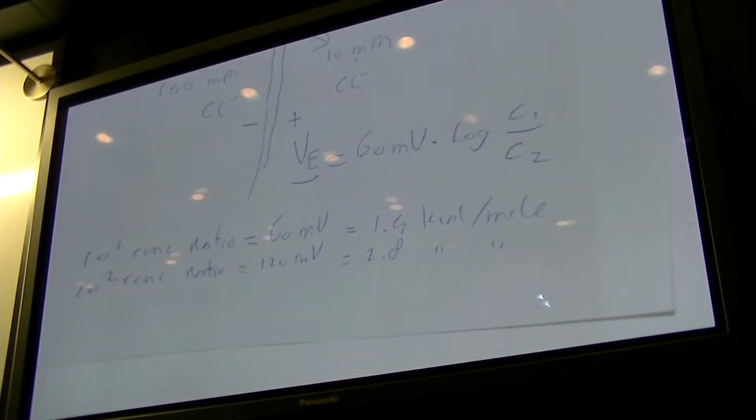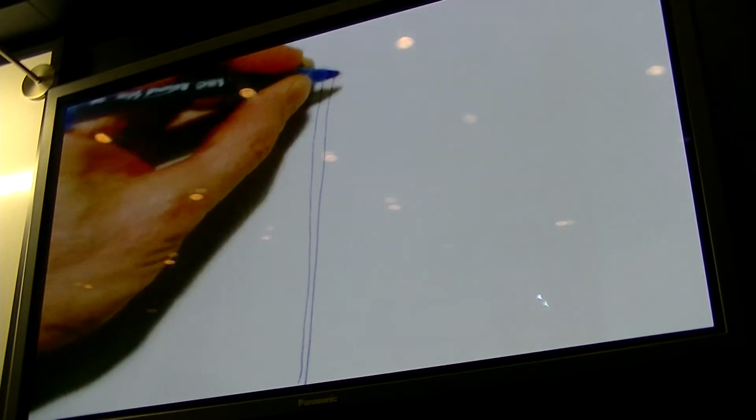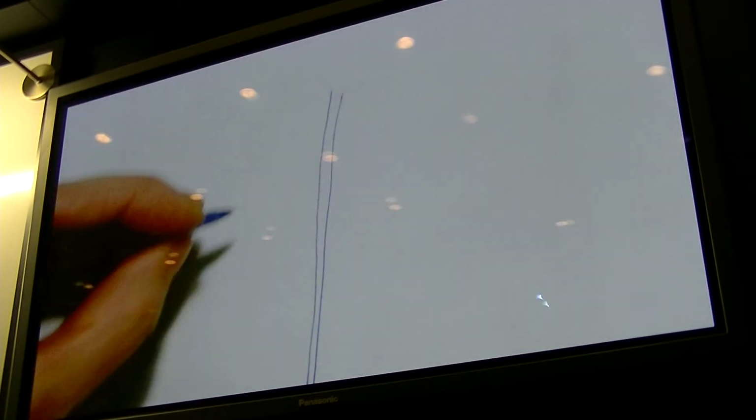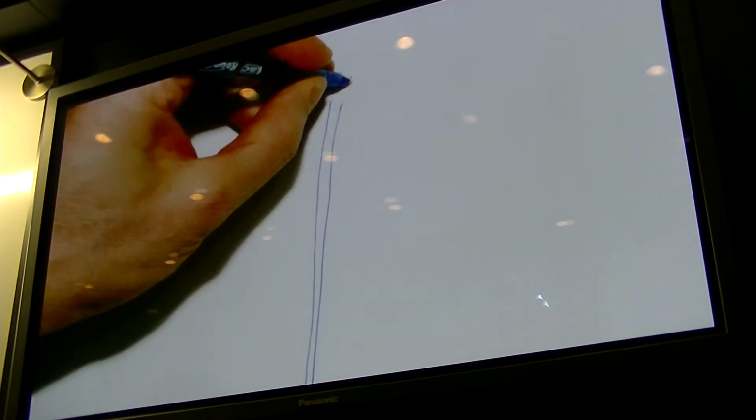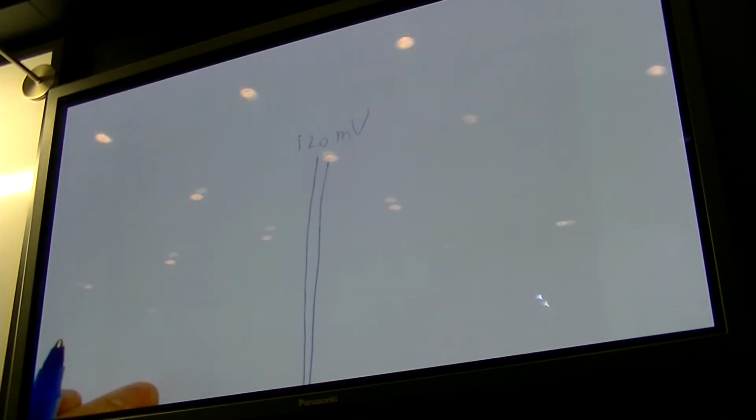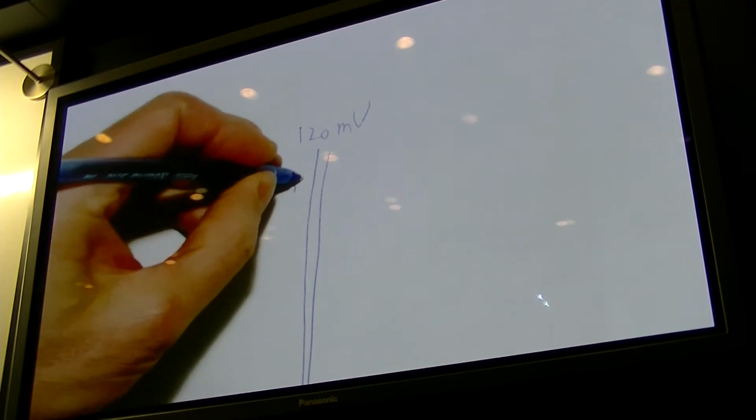So let's play a game here. Let's imagine that we have a membrane. I'm going to surprise you a little bit with this one. We have a membrane, and let's just imagine that we have here 120 millivolts membrane potential.